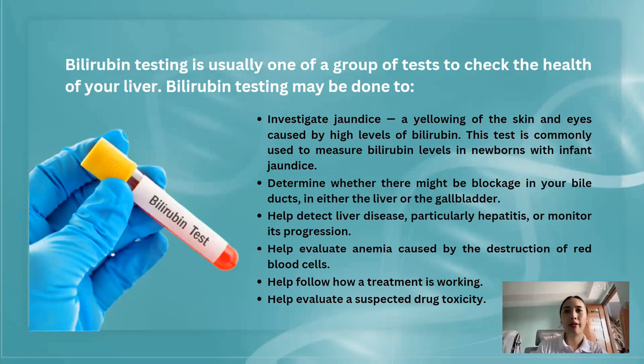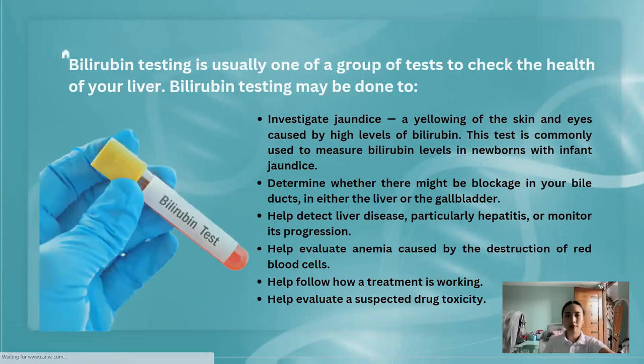It can help detect liver disease, particularly hepatitis, or monitor its progression. It can help evaluate anemia caused by the destruction of red blood cells, help follow how your treatment is working, and help evaluate a suspected drug toxicity.